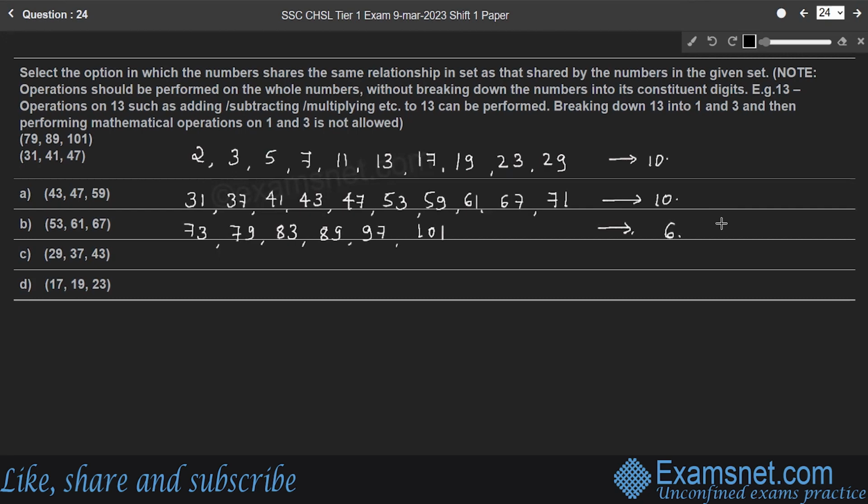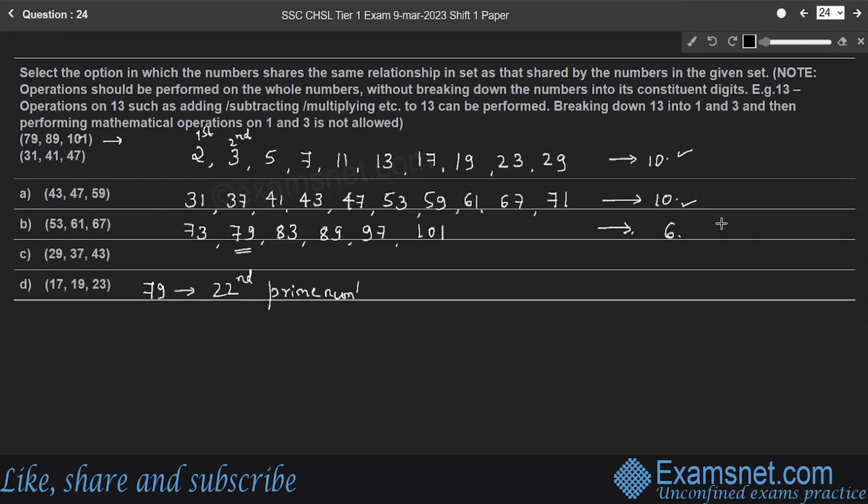So considering their positions, here 2 is the first prime number, the second is 3. So in the given set, 79, 89 and 101. Where is the position of 79? So 10, then 20. So 79 is the 22nd prime number.